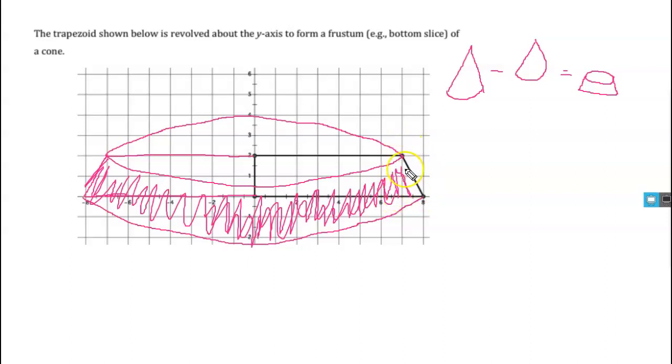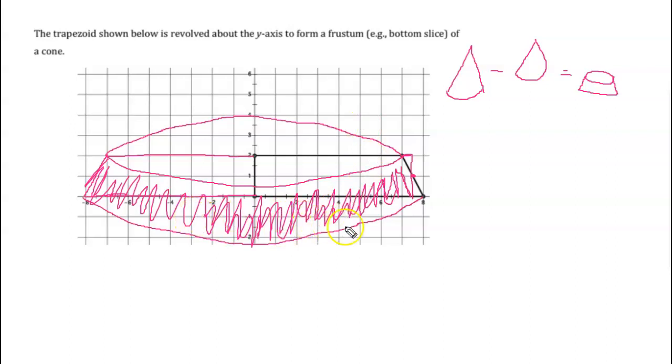It kind of goes out at an angle. What you may notice though is if you cut that side in half, if you were to slice this little bit off right here and then flip that little bit up into this part, we would actually get a cylinder.